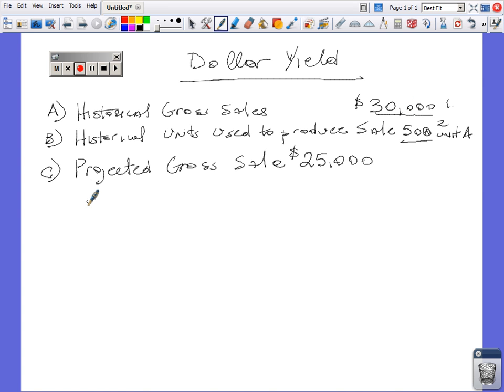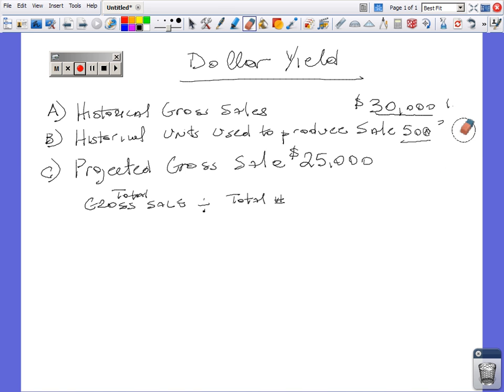So that would be total gross sale divided by total number of items. Let's use the word item for less confusion.